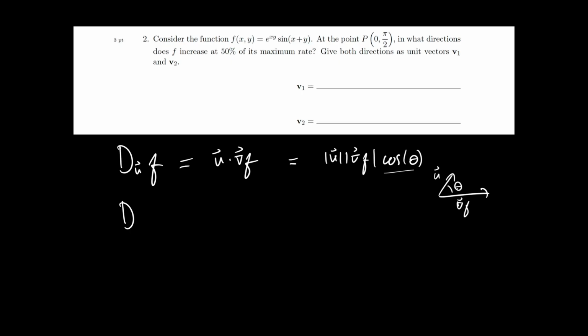And so we find that the maximal directional derivative has to be equal to the absolute value of the gradient of f at a certain point. So of course we get there by saying theta must be 0 then, and obviously u is a unit vector, so its length is 1.